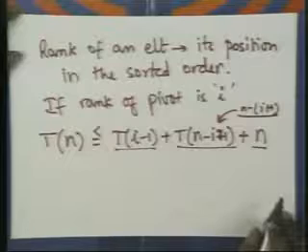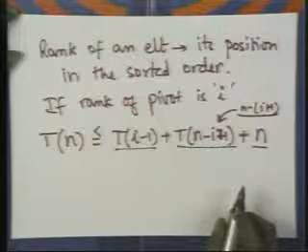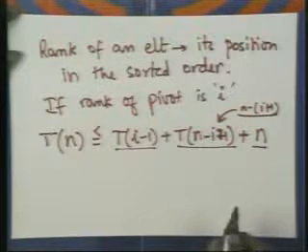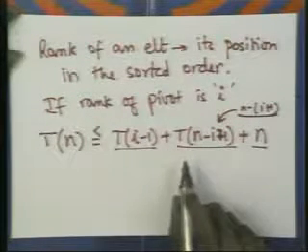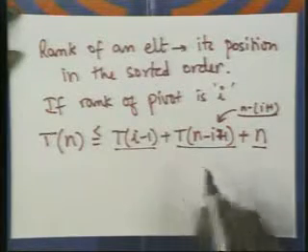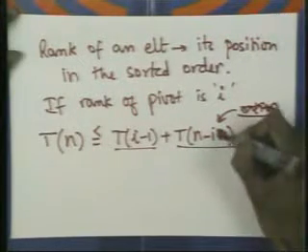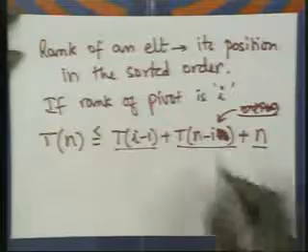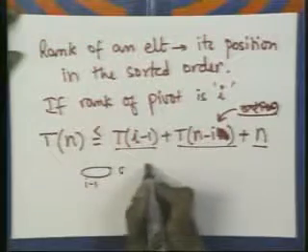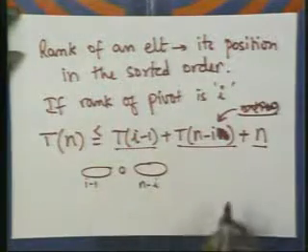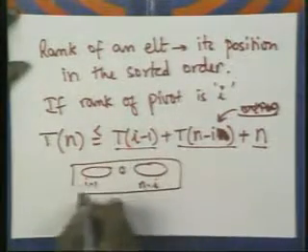So if i were 1, there is nothing on the left, and there are n minus 1 elements on the right-hand side.